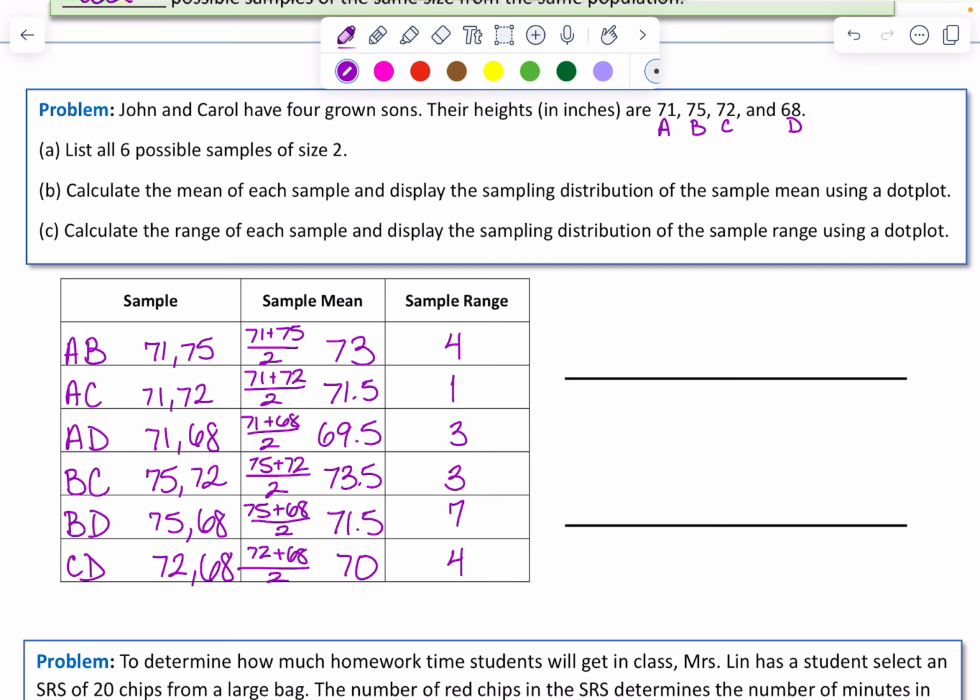Okay, so we are going to plot these on number lines. The first number line will be X bar. This will be the sample mean height. And this next one will just be sample range. There's no real letter for range.